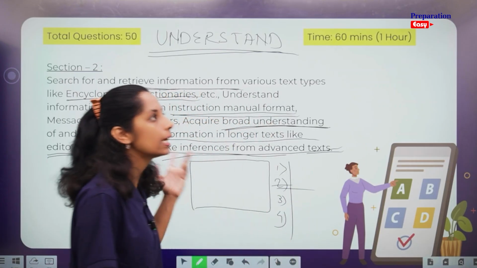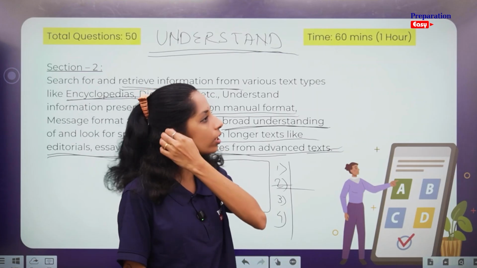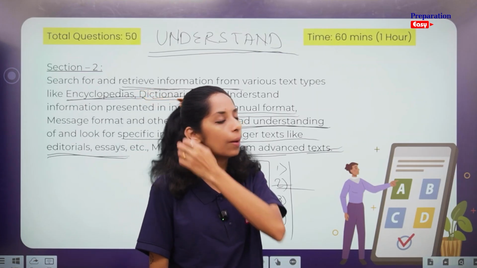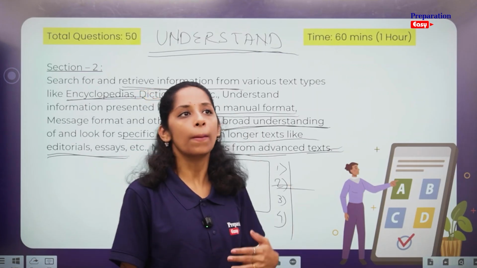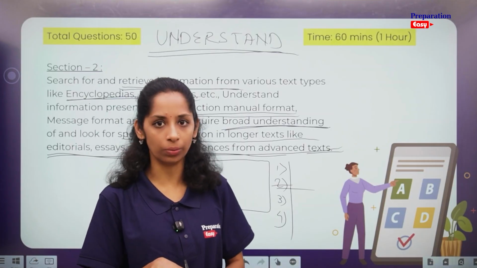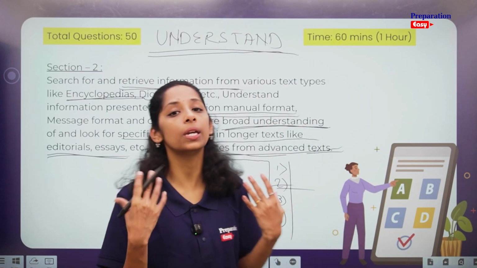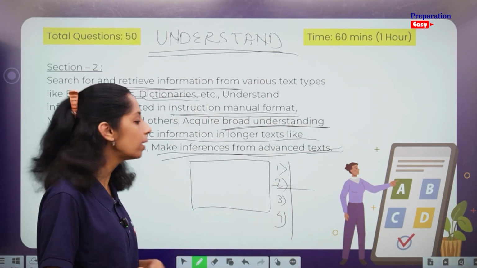This is the International English Olympiad exam. This is not a simple exam like the ones we prepare for in our schools. So the question difficulty level will be higher compared to our school exams.